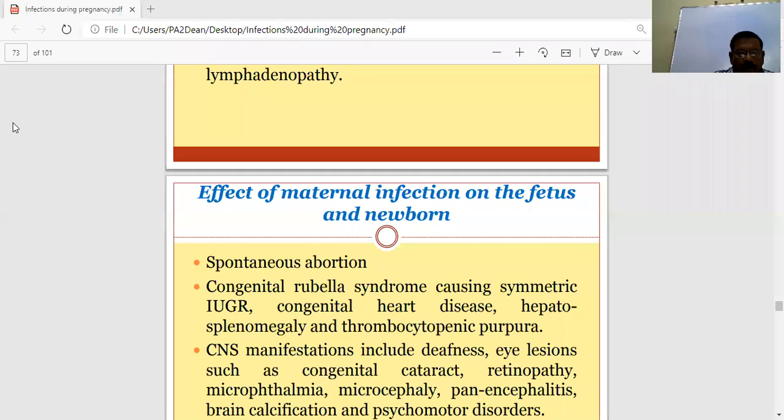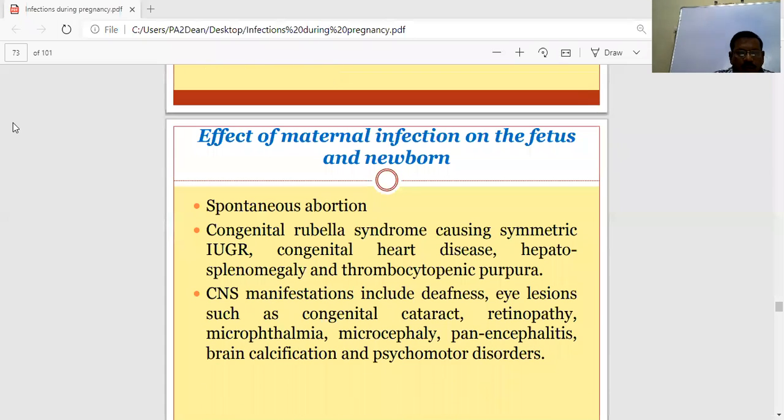Central nervous system manifestations include deafness, eye lesions such as congenital cataract, retinopathy, microphthalmia, microcephaly, panencephalitis, brain calcification, and psychomotor disorders.